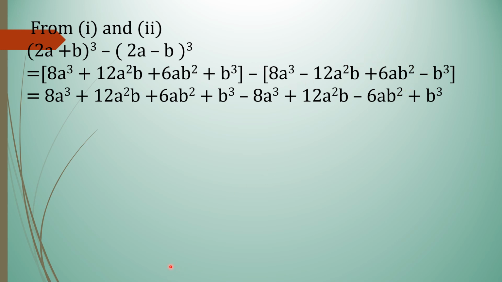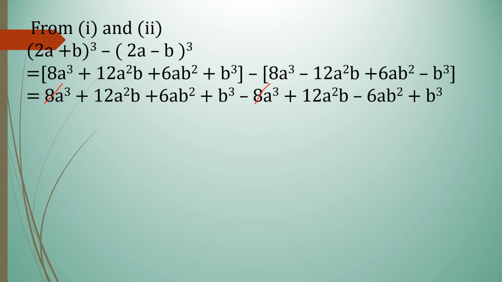Easy to remember. So now student, you can see that this one, 8a cube we have here. Just wait. You can see 8a cube and here also 8a cube, but this is with plus and this is minus. So opposite sign terms with the same coefficient and variable will get cancelled.